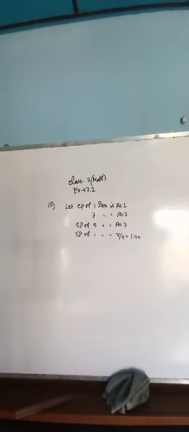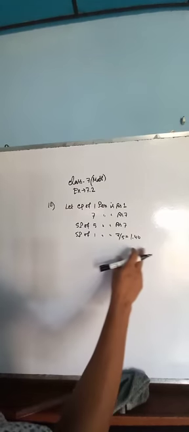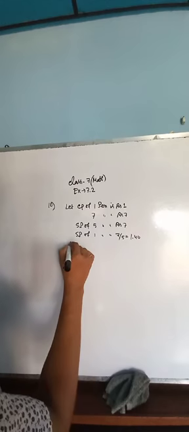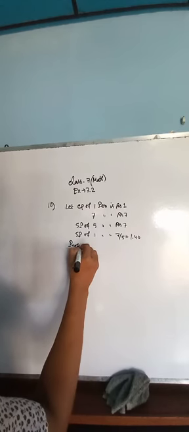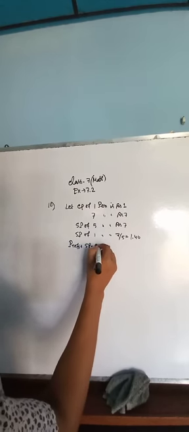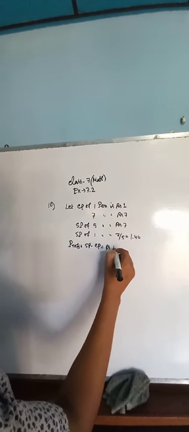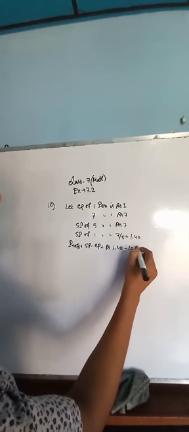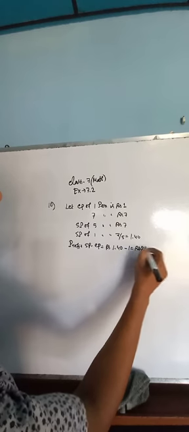Am I clear to all of you? Just to check: CP of 1 pen is 1, the CP of 7 pens is 7. The SP of 5 pens is 7, so the SP of 1 pen is 1.40. Now profit is SP minus CP, that is 1.40 minus 1, which is rupees 0.40.